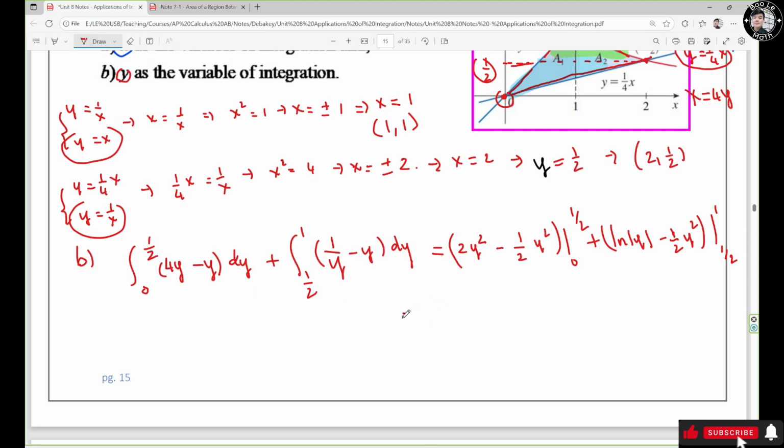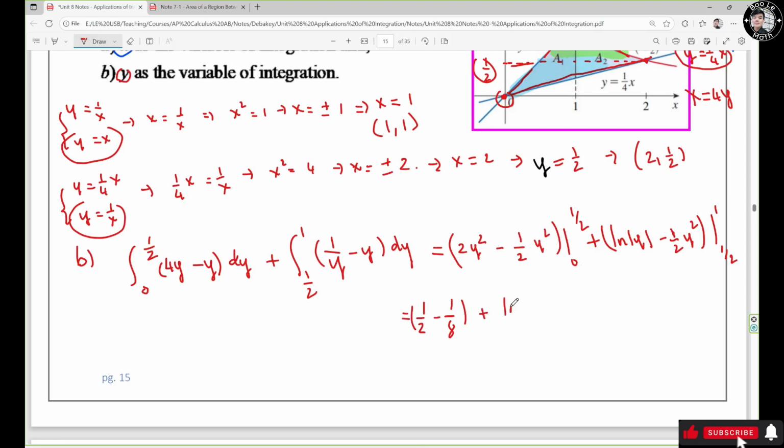Alright, so I'm going to simplify this one. Substitute 1/2 over here, it's going to be 1 over 4, right? So simplifying 2 times that is going to be 1/2. Substituting 1/2 over here, it's going to be 1 over 4, and 1 over 2 times that is going to be negative 1 over 8. Substitute 0, everything is 0, right? Now for the second one right here, substitute 1 over here.